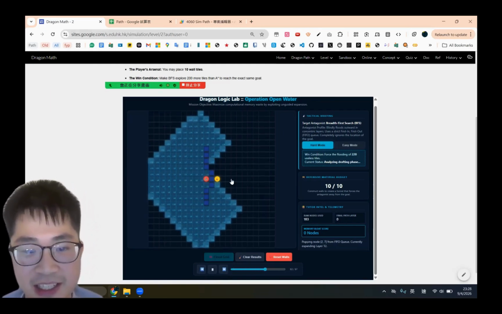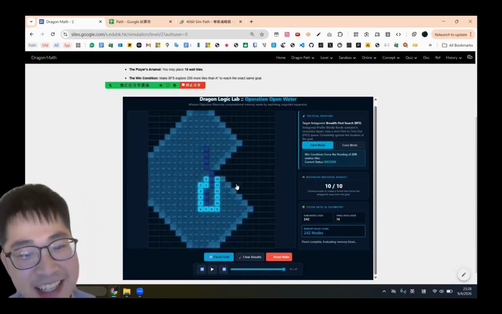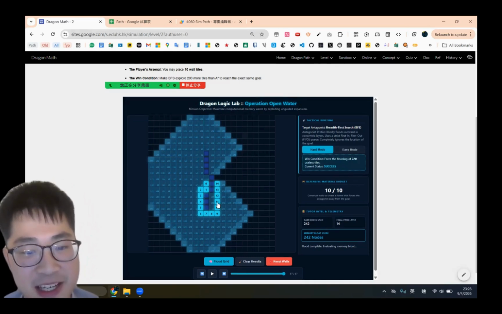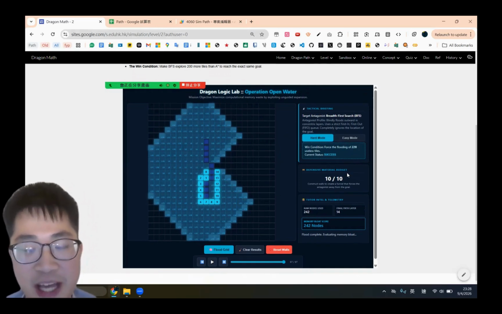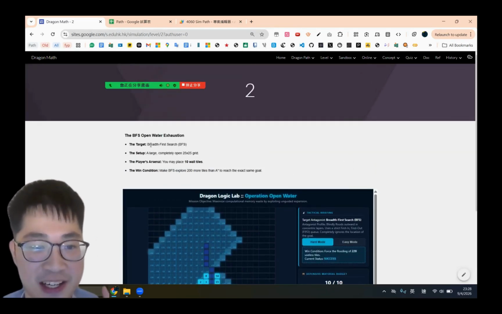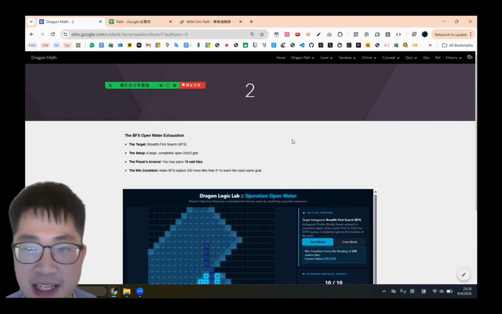This game gives you 10 blocks, and you need to get more wasted energy to check the BFS algorithm. BFS is basically like Dijkstra.